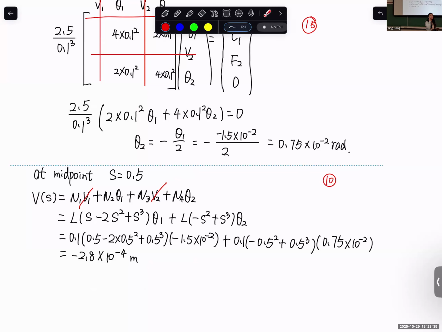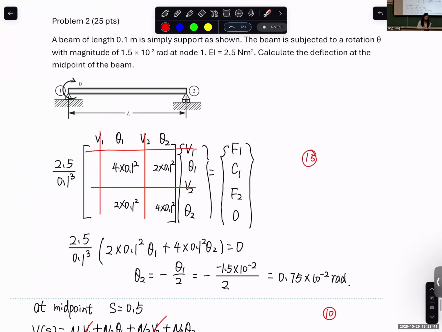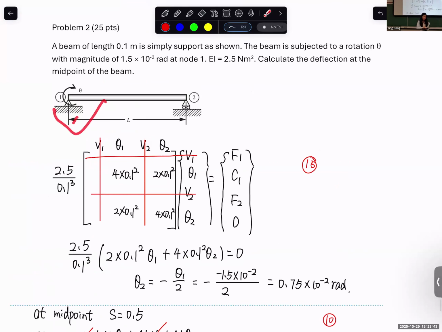For this problem, because some students asked, I said, it's in the picture, but in case you're confused, there's a couple applied at node 1, there's no couple applied at node 2. I repeated that in both classrooms.